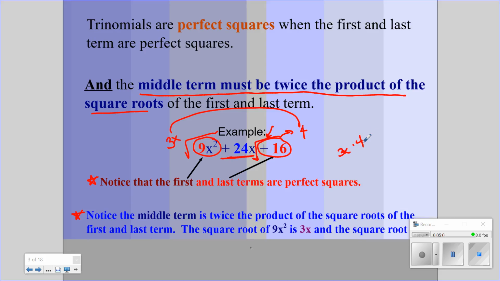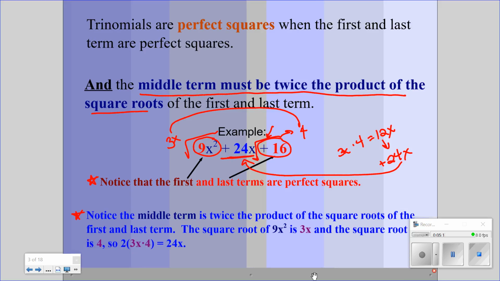So 3x times 4, and usually you'll do this in your head, is 12x. Lastly, double this to get 24x. It is positive, and we just ensure that the middle term is in fact twice the product of the square roots of the ends. And so in this case, both check out. So this is an example of a perfect square trinomial.